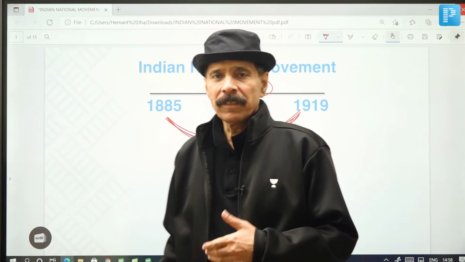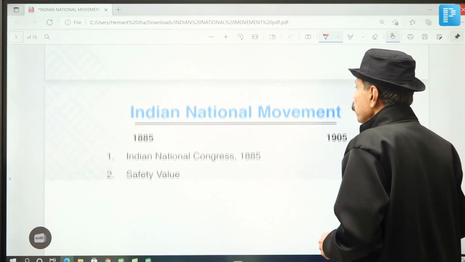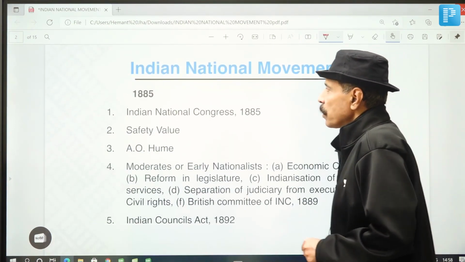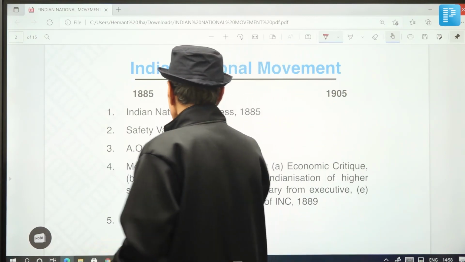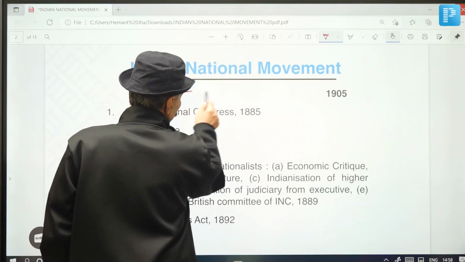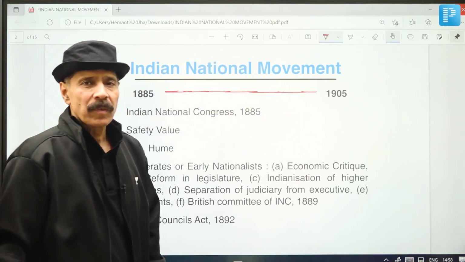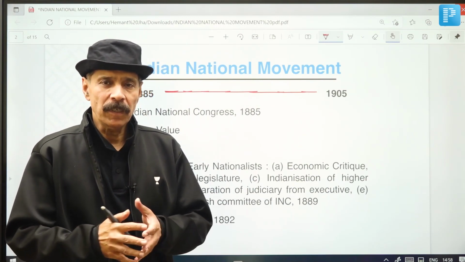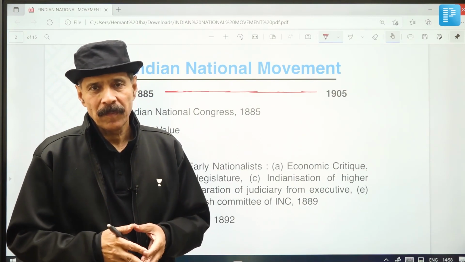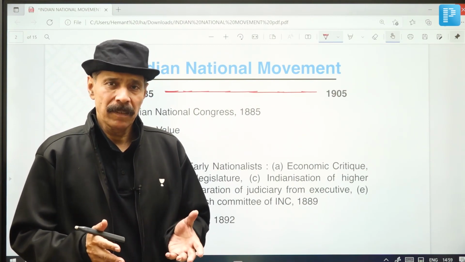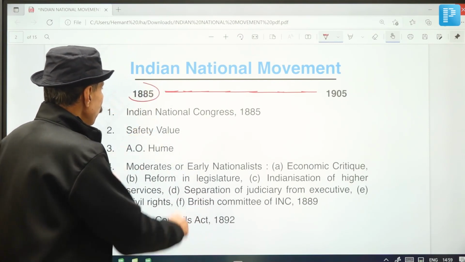Now let's consider the important aspects for your exam. So first I am going to throw light on the Indian national movement from 1885 to 1905. This is known as the early phase of the Indian national movement, or you can call it the first phase. And in 1885, the Indian National Congress was founded.